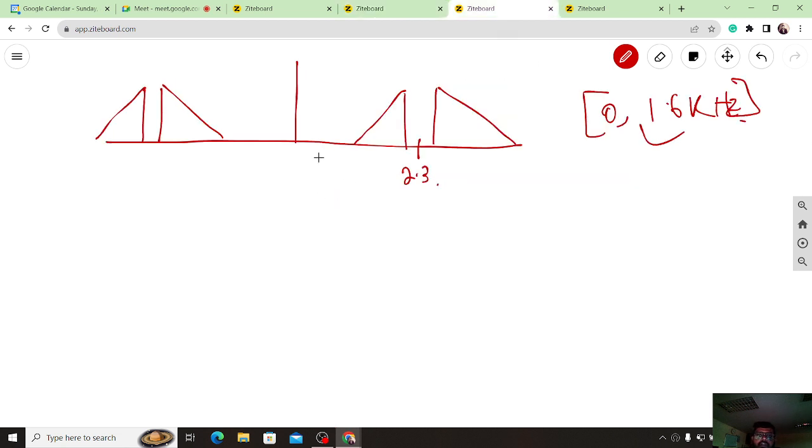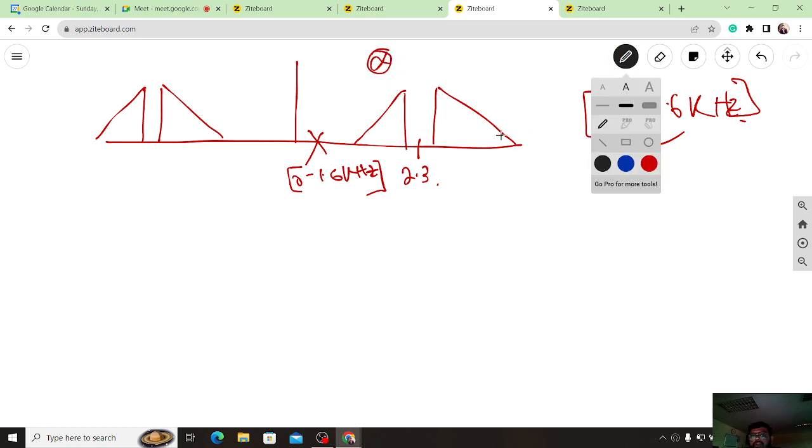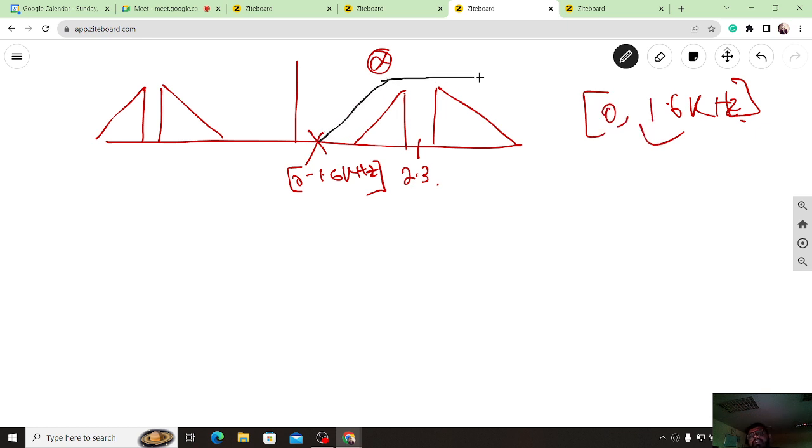Otherwise it will create interference with that signal. So for that reason we have to use a filter with roll-off factor alpha, so that in this region the filter response is like this, and no part of this signal goes into this region.